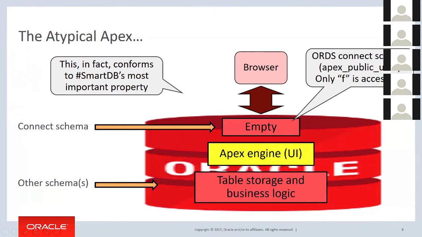And within Apex, you are able to configure more entry points into the database. But out of the box, you have function F. So to me, Apex in a funny way already conforms to the most important property. The database is closed, it's only one entry point, that's F, the main function of the Apex UI engine.